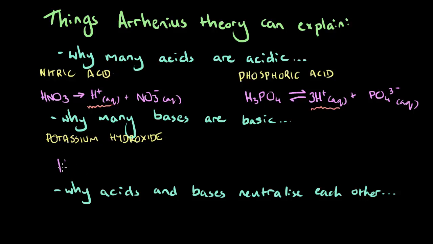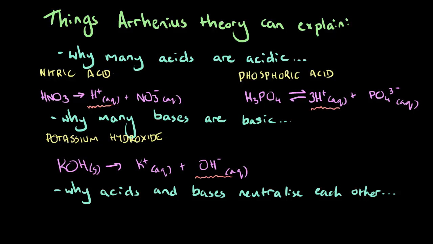So potassium hydroxide is KOH, and when it dissolves in water it forms K+ ions and hydroxide ions. And therefore, because this substance produces OH- when it dissolves in water, it is considered basic under Arrhenius theory.